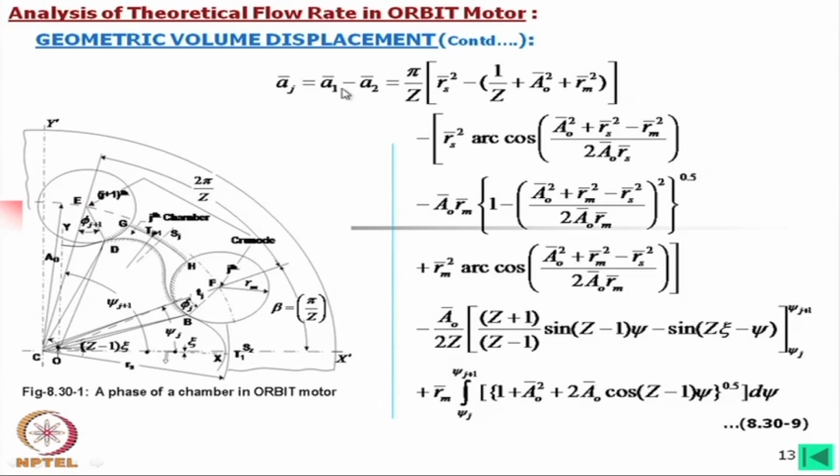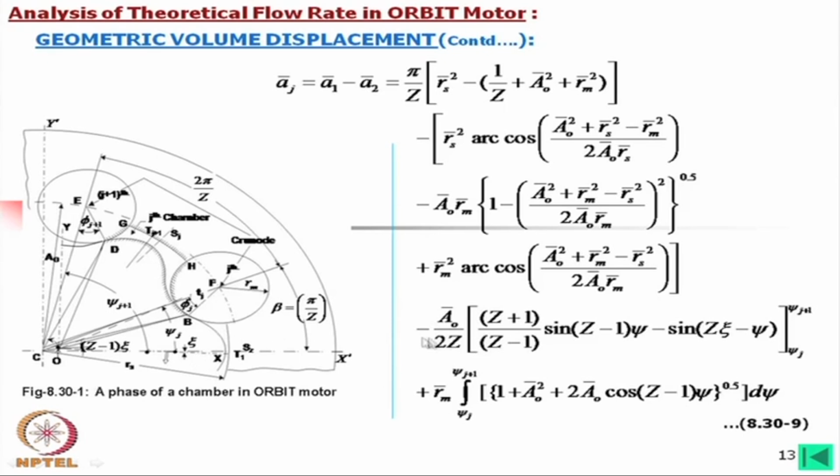Okay. So, what I have done, I have substituted all the findings, all the formulation in non-dimensional form, and ultimately we get this as the area of a chamber at any instant. That means, when the shaft is rotated by this angle, we will get this area.